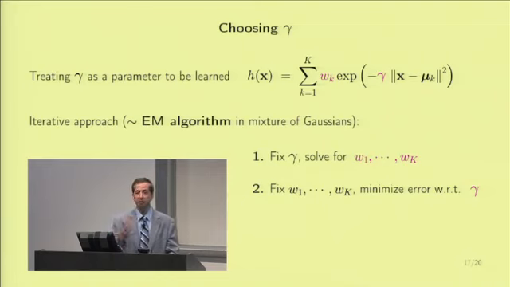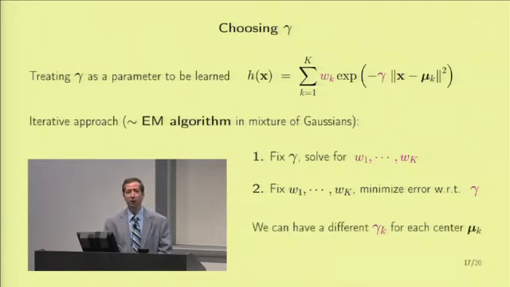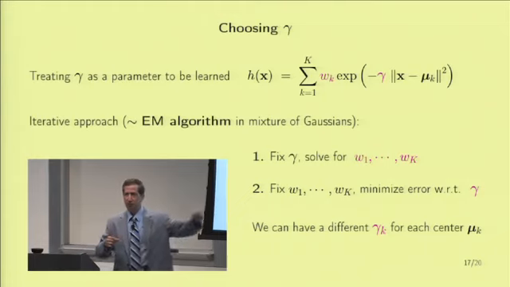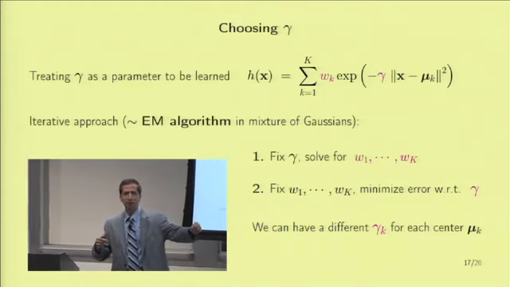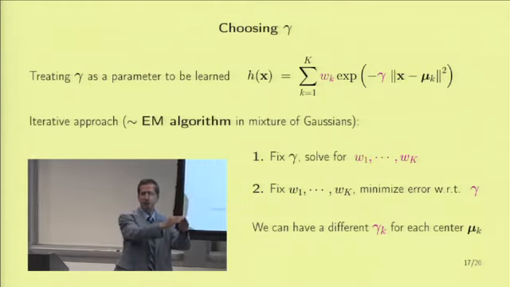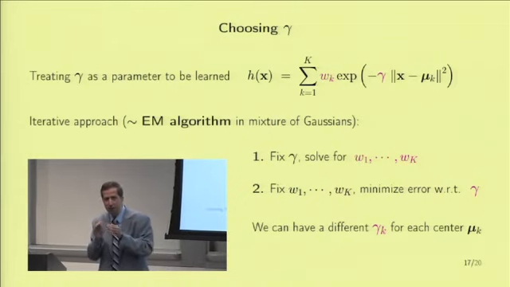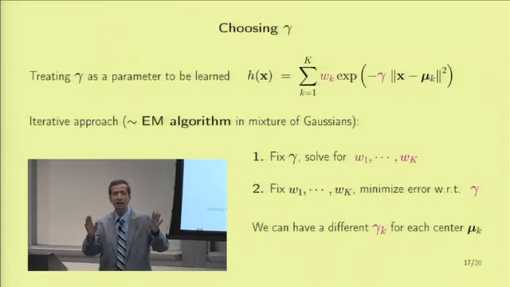And because it is so simple, you might even be encouraged to say, okay, why do we have one gamma? I have data sets. It could be that these data points are close to each other, and one data point is far away. Now, if I have a center here that has to reach out further, and a center here that doesn't have to reach out, it looks like a good idea to have different gammas for those guys. Granted.